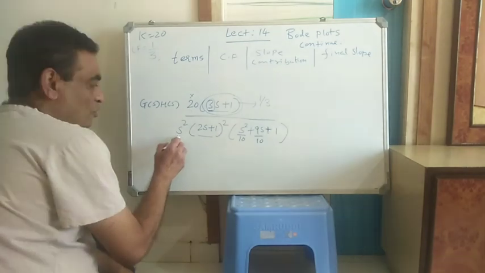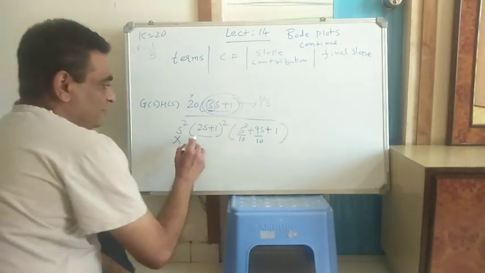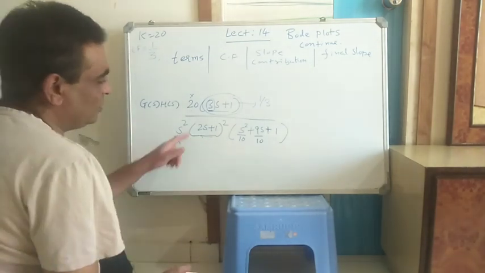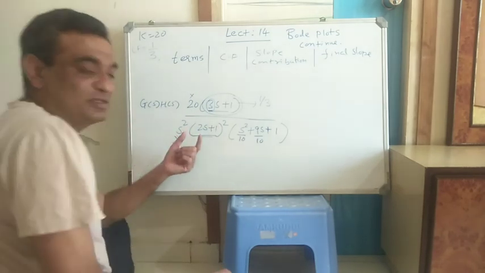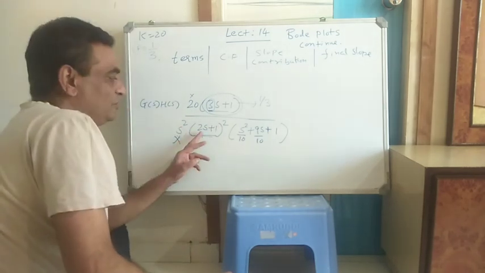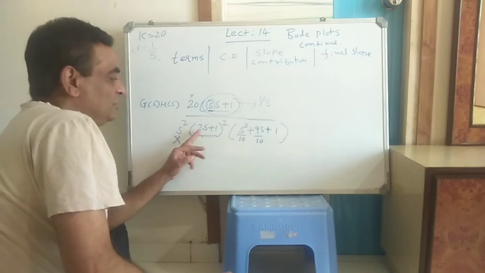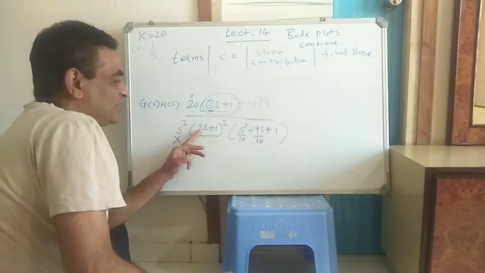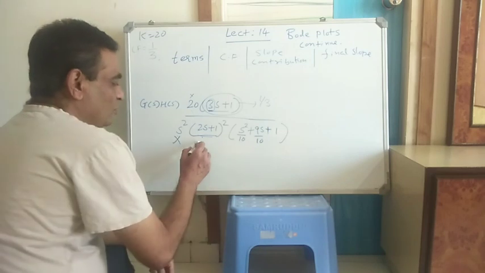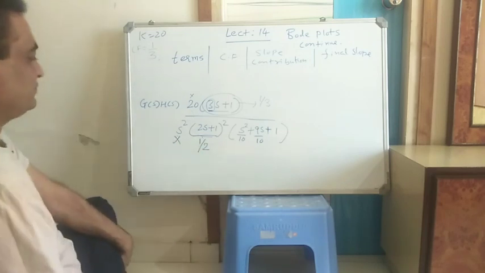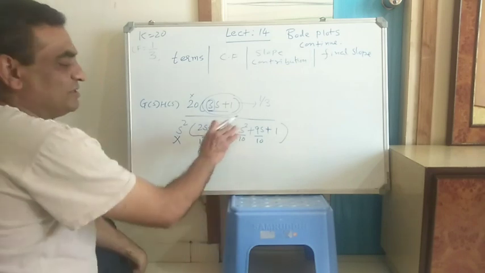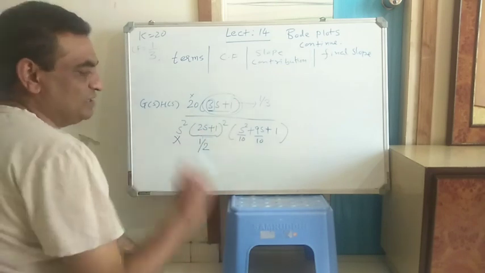For s square there is no corner frequency. For the 2s plus 1 term, even though it is squared, it consists of first order terms, so it is considered as a first order term. The corner frequency is 1 by tau, which is 1 by 2.